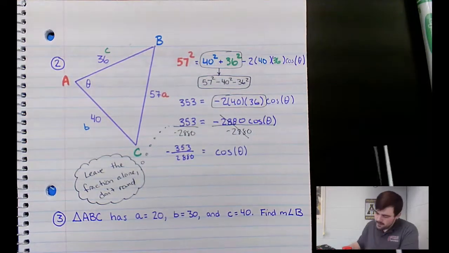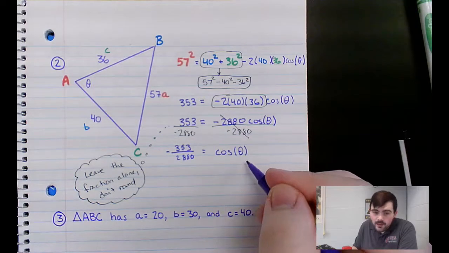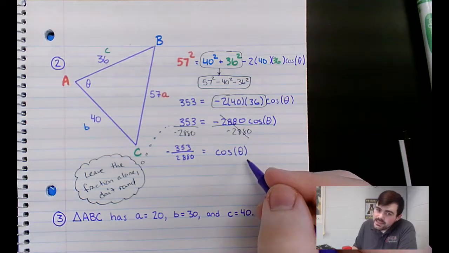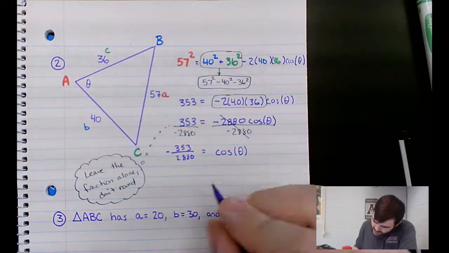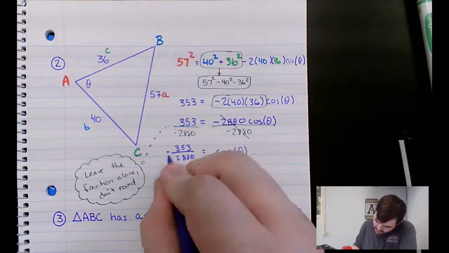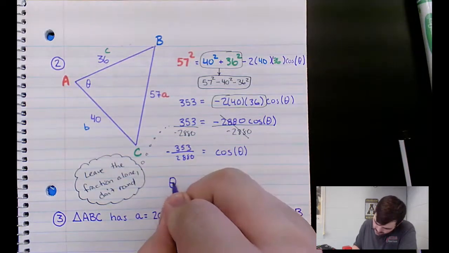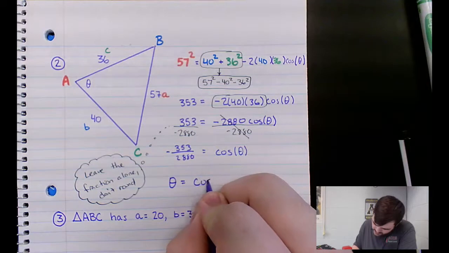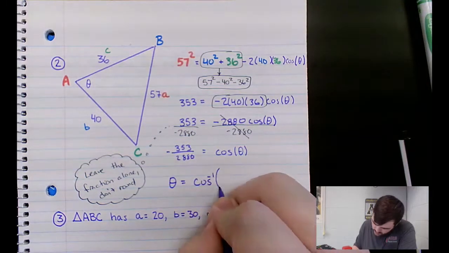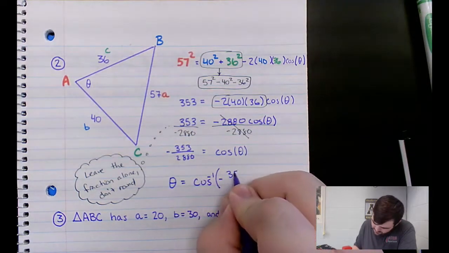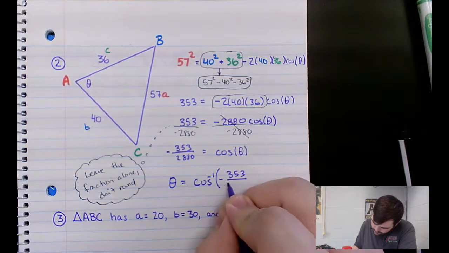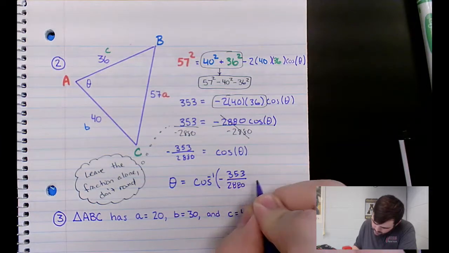Okay? Now, I want theta, not the cosine of theta. To get theta by itself, go ahead and just take the inverse cosine of this. So theta equals the inverse cosine of negative 353 over 2880.